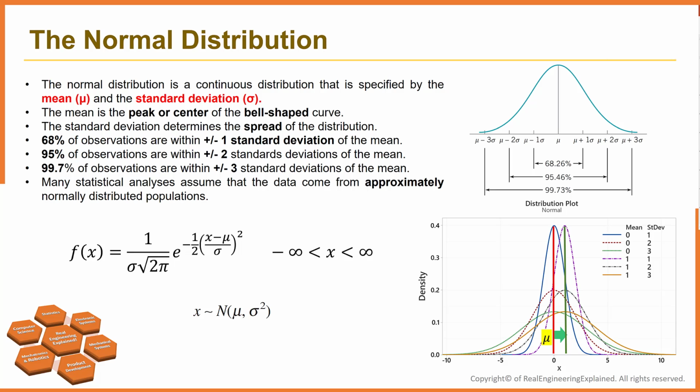And about 95% of the values fall between the limits defined by the mean plus and minus 2 standard deviations. 99.7% of population values fall within the limits defined by the mean plus and minus 3 standard deviations. It is common practice to round these percentages to 68, 95, and 99.7%. This is an important characteristic of the normal distribution.